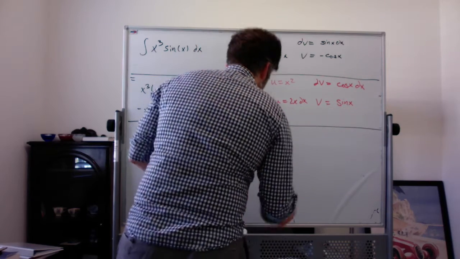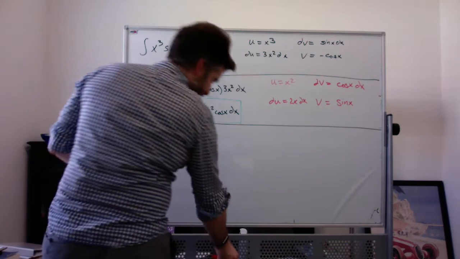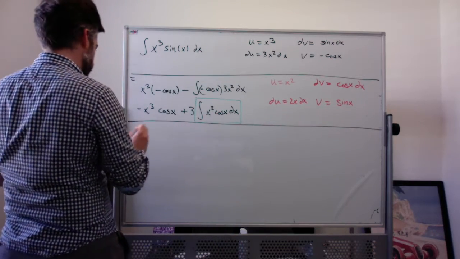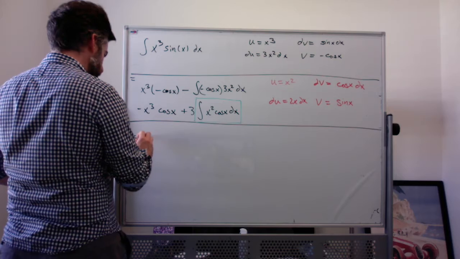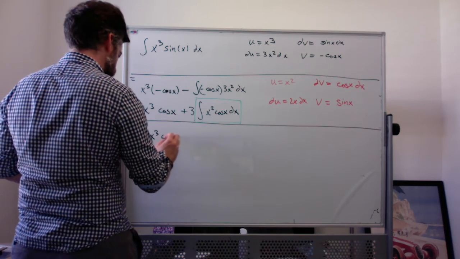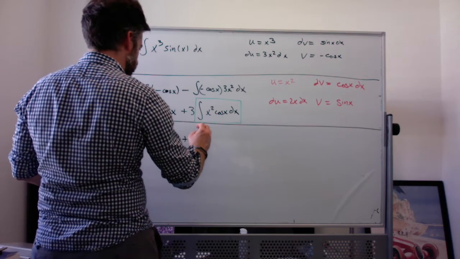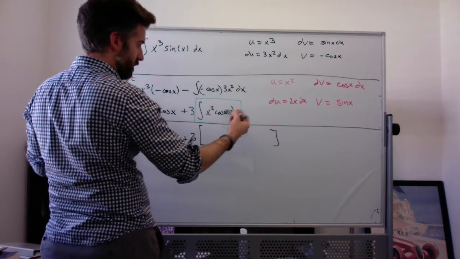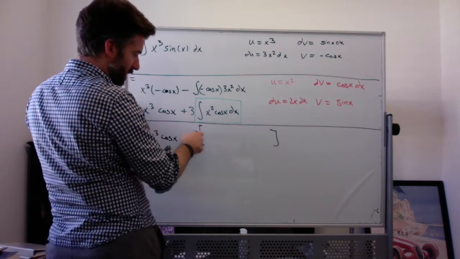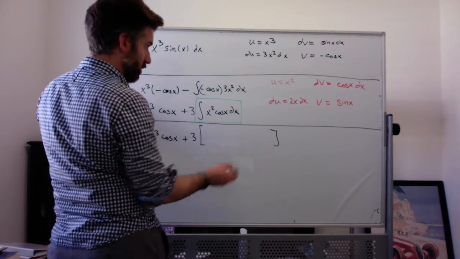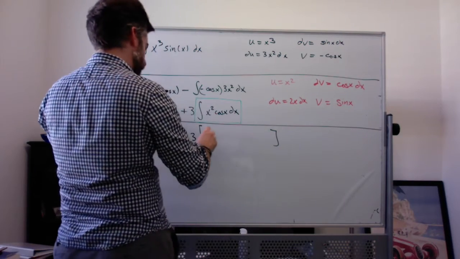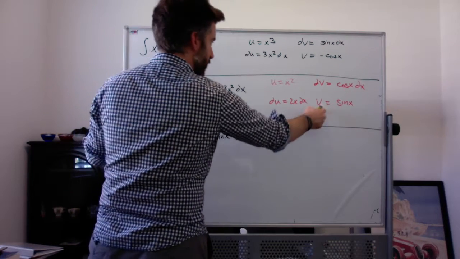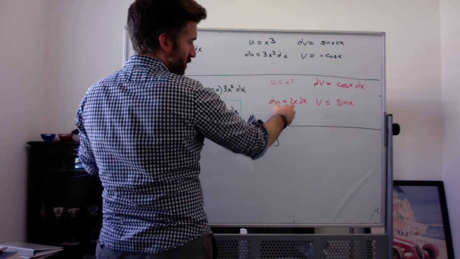So then the uv minus the integral of v du is going to go in for the integral here. So this is going to end up equaling, we still have this part here, plus 3 times all of the uv minus v du. uv is x squared times sine of x minus the integral of v du, let's just bring the 2 out in front.